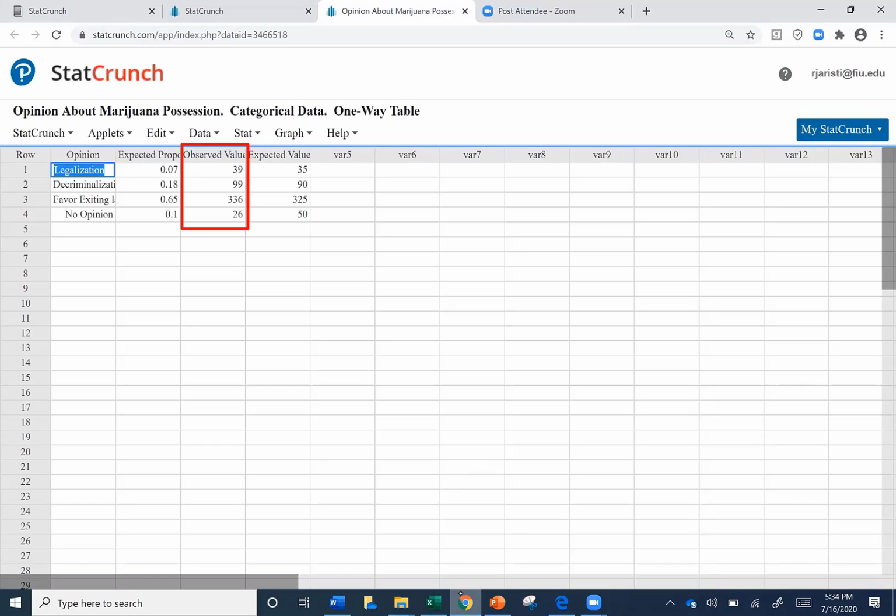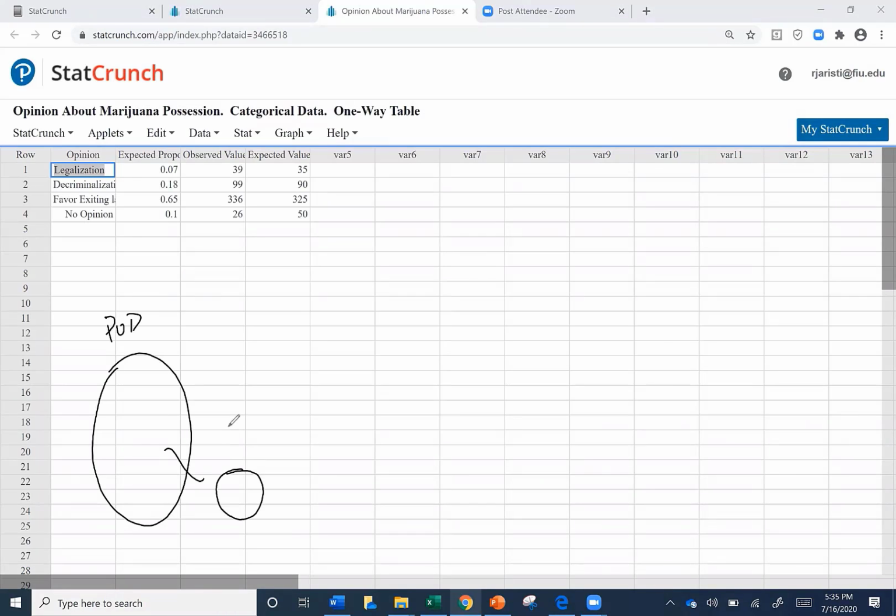And this is the percentage or the proportion expected. That was the proportion before the study, and we are expecting the same proportion after the series was transmitted. Then my expected value will be 7% of the population support legalization. From this population in this area, we select a sample of 500.